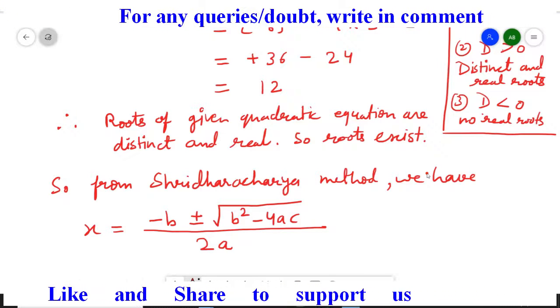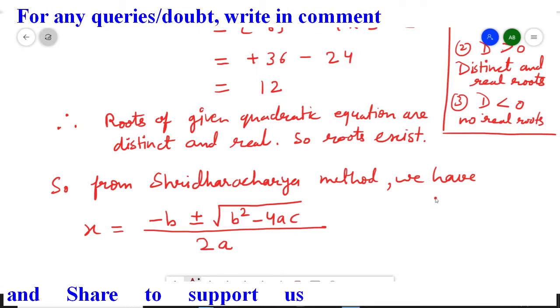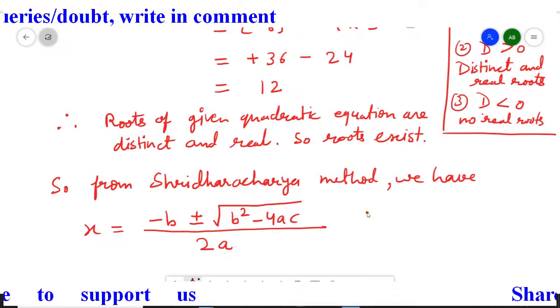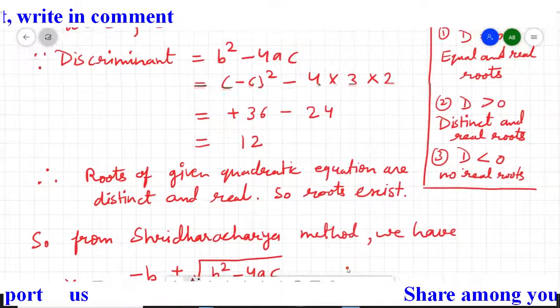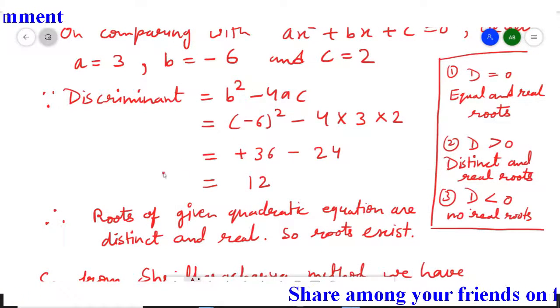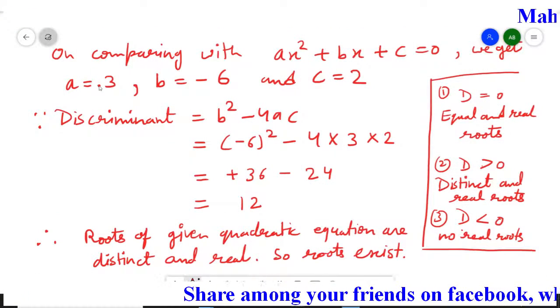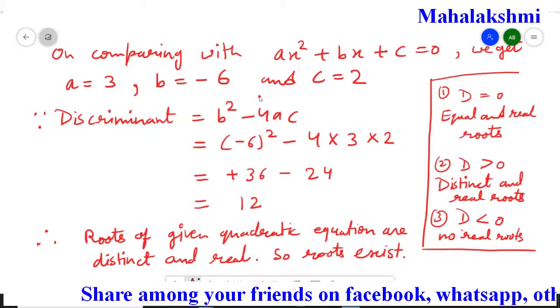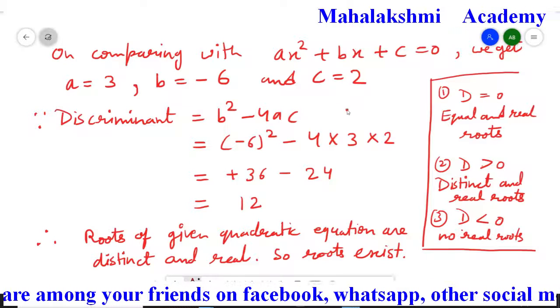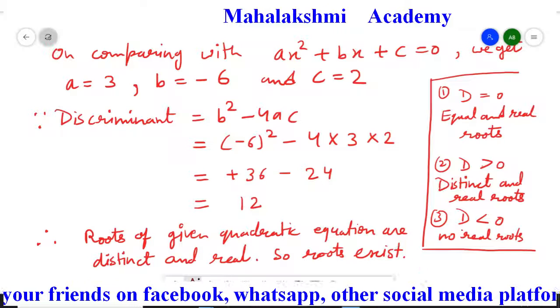Now in this we have to put the values. So first we need a, b, c, and the a, b, c values we already calculated here. You can see a is 3 and b is minus 6 and c is 2.